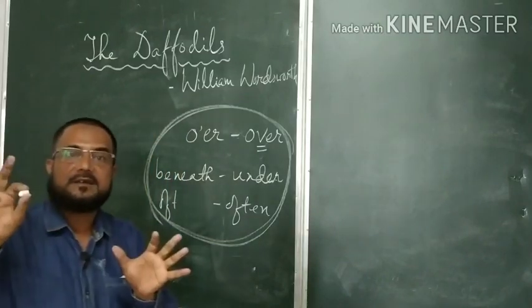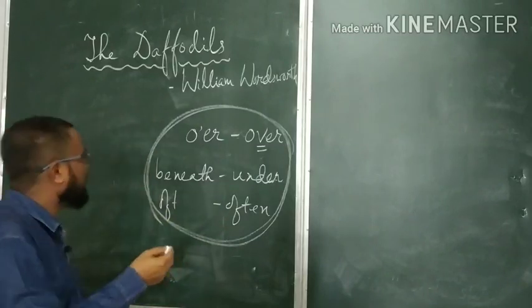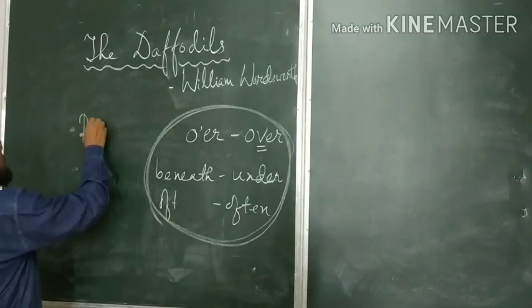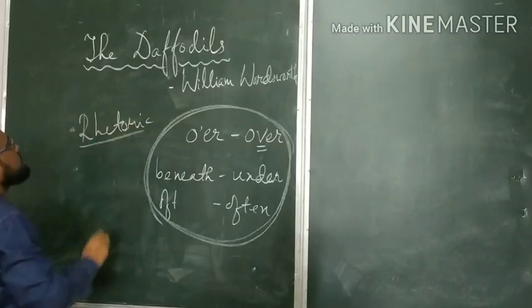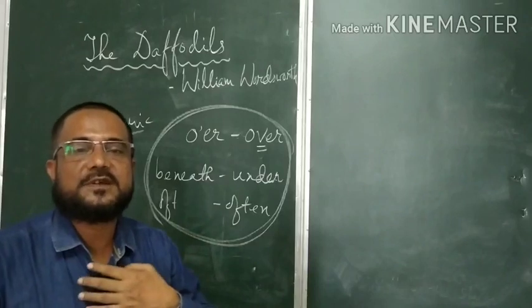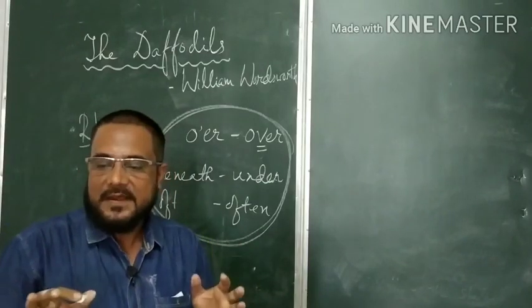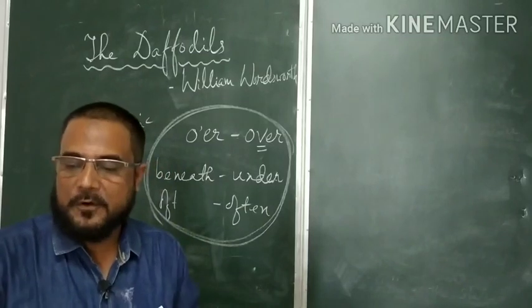There is a subject that deals with the ornaments in language. That subject is called rhetoric. When you study language, you will find this rhetoric. Rhetoric means the ornaments used in the language. So, a lot of ornaments Wordsworth has used in the poem.